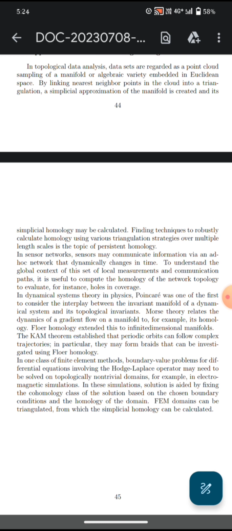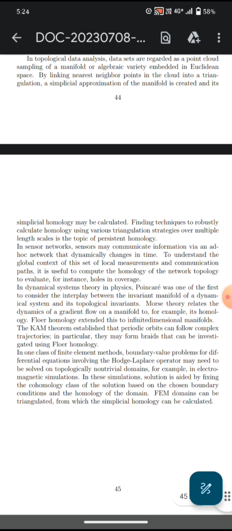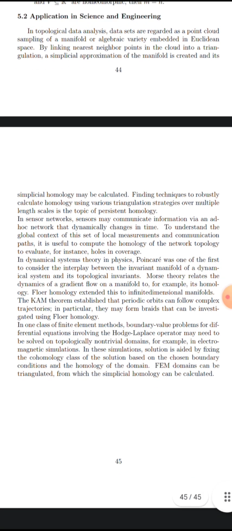Floer homology extends this to infinite dimensional manifolds. The KAM theorem established the existence of periodic orbits. In particular, they may form a basin that can be investigated using Floer homology.